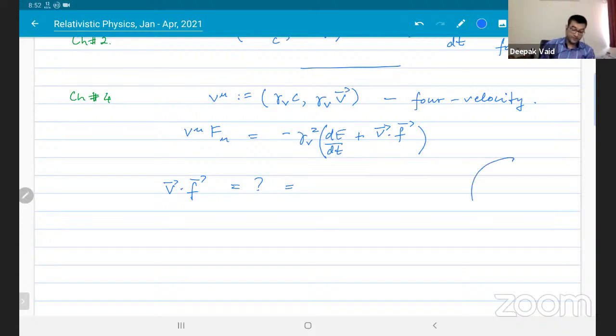So let me give you an example. I have an object in circular motion. At each point, it has some velocity, and there is a force acting on this. Now, what is F dot V? In this case, Manikant.